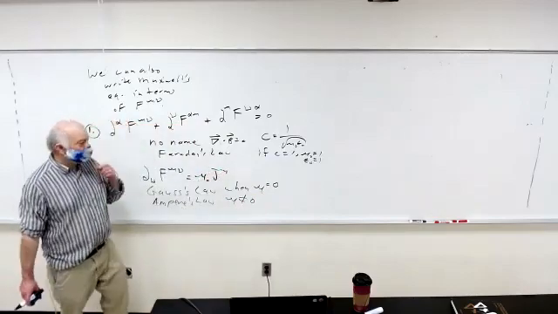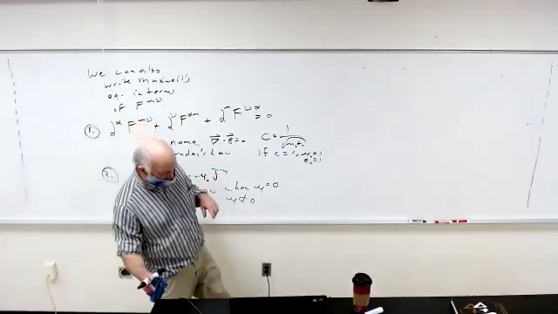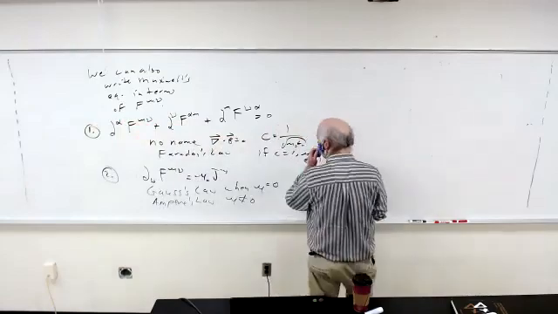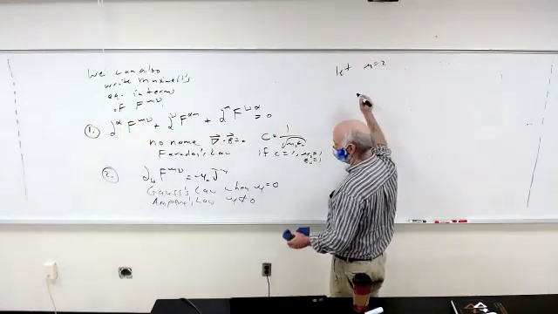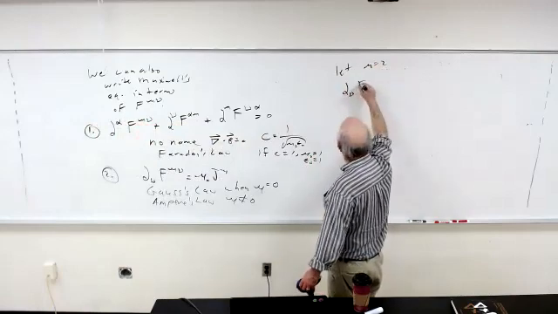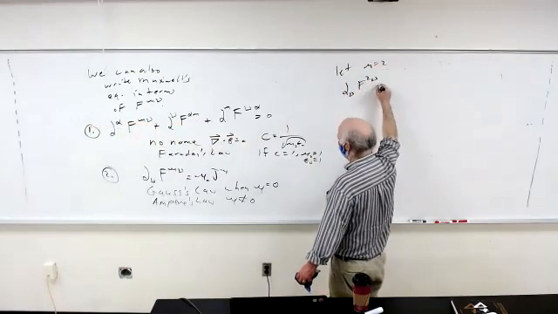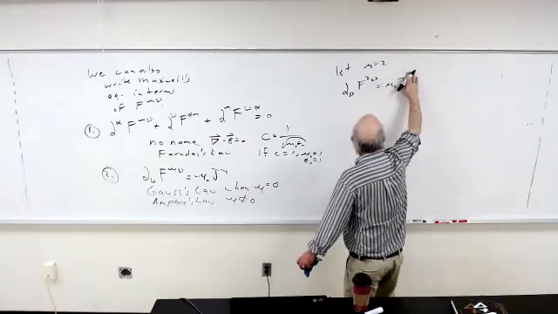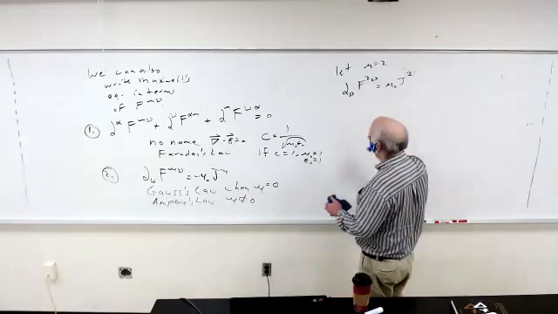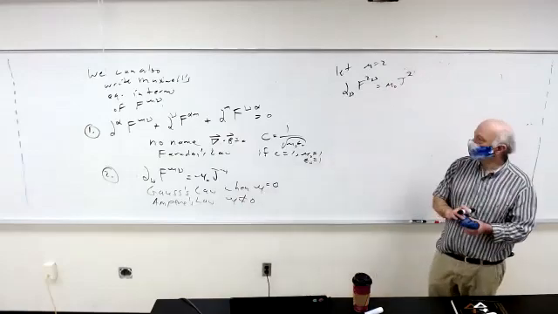So let's actually do it. Do you want mu to be 1, 2, or 3? Pick one. 2. Okay, so let mu equal 2. So this is partial nu F2 nu equals mu naught J2. That's actually hard to say.